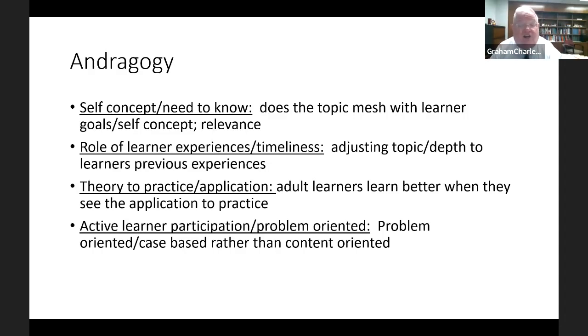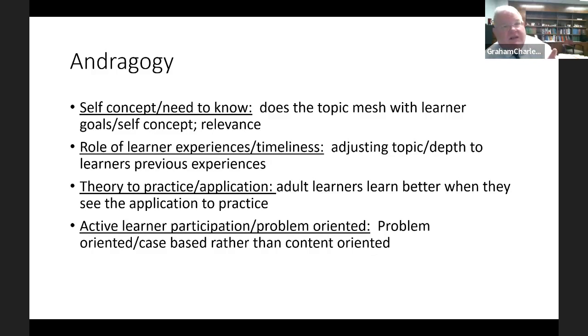And then adult learners learn better when they see the application to practice. So, we could have a session and talk about heart failure, and we could get deep into the pathophysiology and cardiac output equals heart rate times stroke volume, et cetera, et cetera.